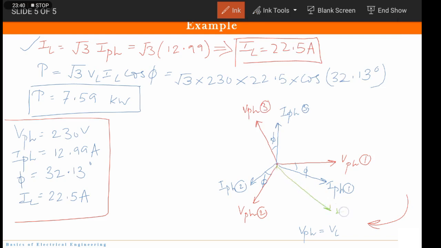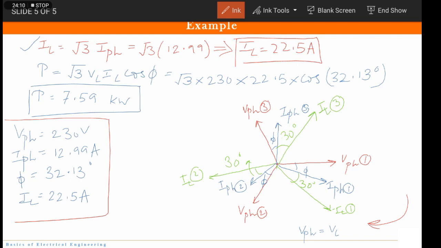So this is line current 1 and this phase angle is 30 degrees. Similarly, somewhere here is line current 2. Again, this angle is 30. Similarly, here again I will have line current 3. And this angle is also 30 degrees.